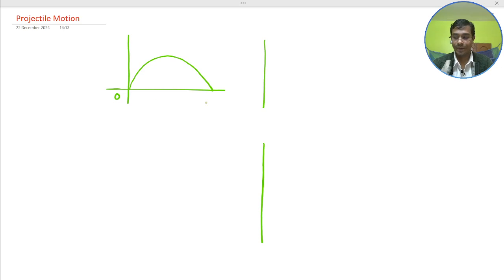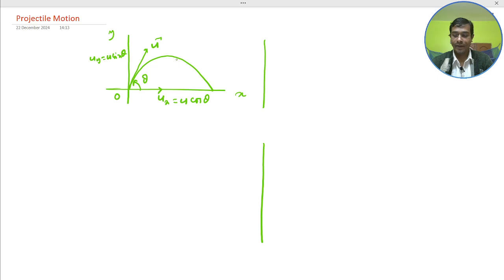This is O, and the x, y. This is the ux, and this makes angle theta. Ux, this is u, so u cos theta, and here the uy is u sin theta.